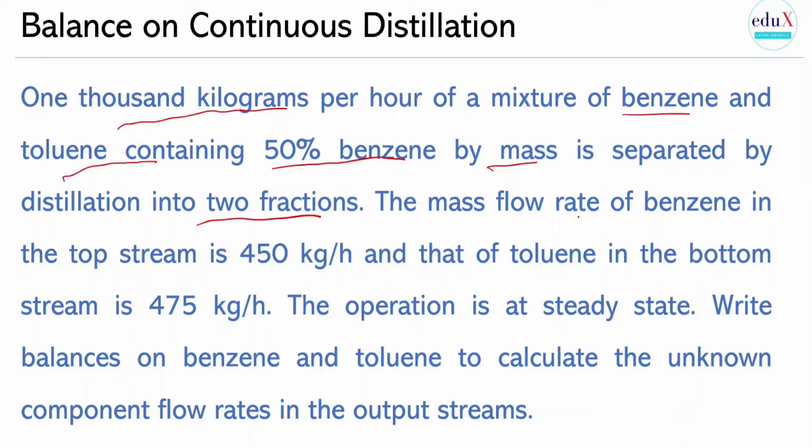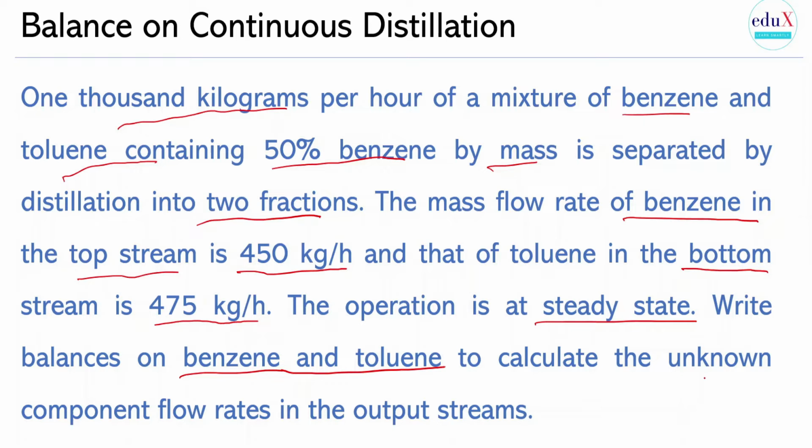The mass flow rate of benzene in the top stream is 450 kg per hour, and that of toluene in the bottom stream is 475 kg per hour. The operation is at steady state. Write a balance on benzene and toluene to calculate the unknown component flow rates in the output stream. So this is the problem we have to solve.